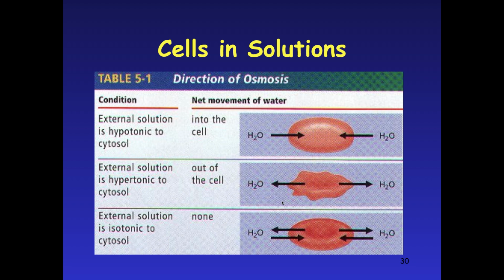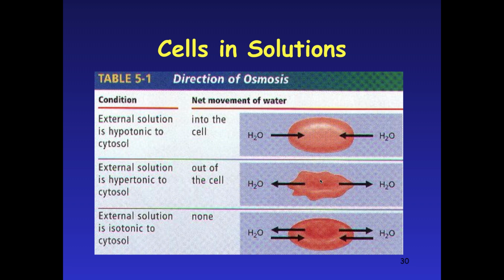So this is a classic kind of experiment that's done with red blood cells, hematocytes. And then you put it in a hypotonic solution, which means that there is more water on the outside than the inside. Remember, hypotonic means the amount of solute, which means there's less solute on the outside, which means there's more water on the outside. So it's going to go inside, and we can see the cells expanding.